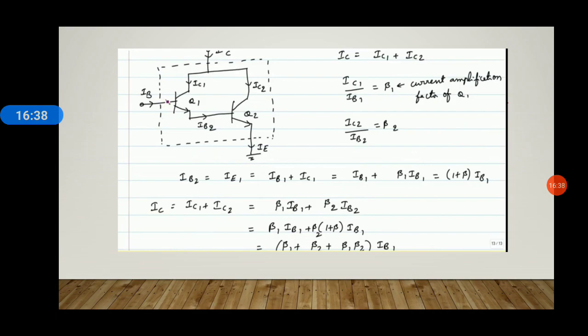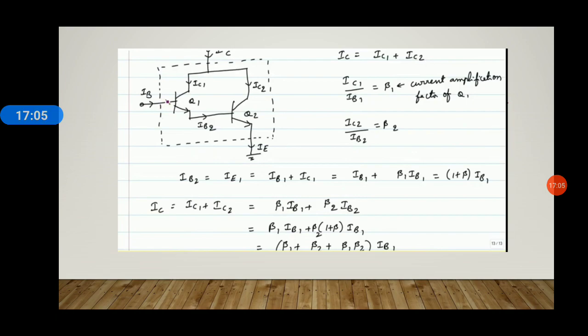Now IB2 is equal to IE1, as you can see by the combination, and IE1 is again equal to IB1 plus IC1. So in case of IC1, we can write beta 1 IB1. So we have IB2 is equal to 1 plus beta 1 into IB1.